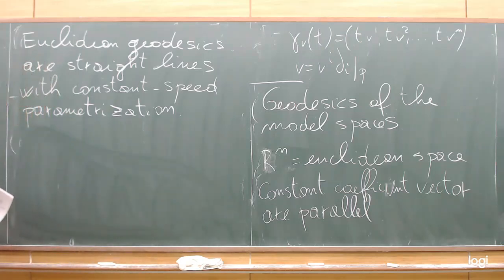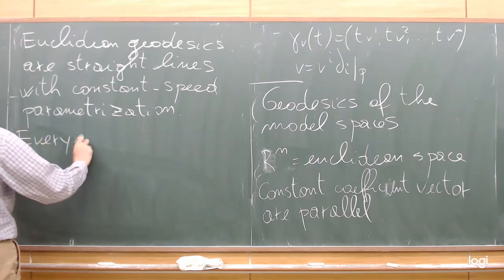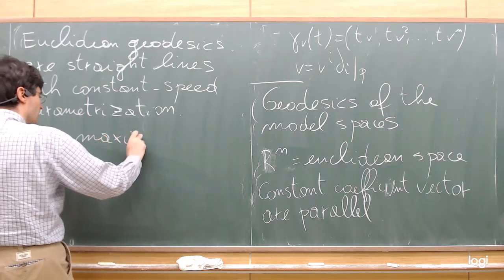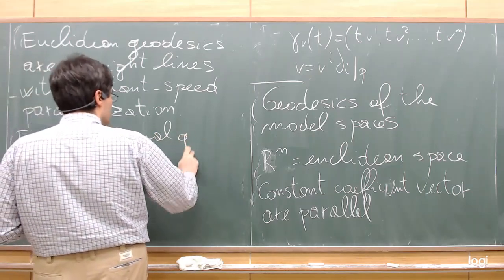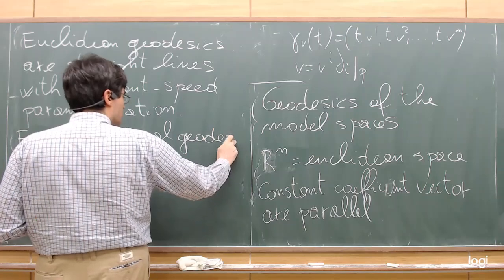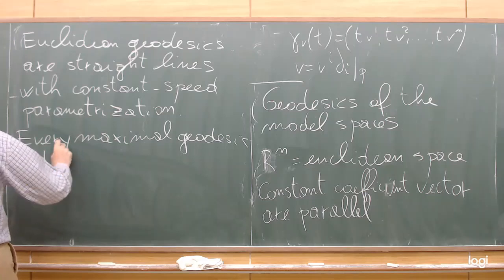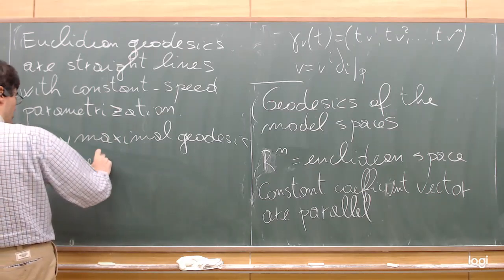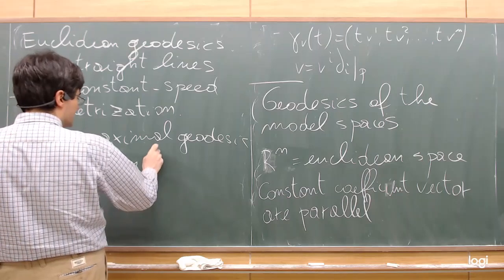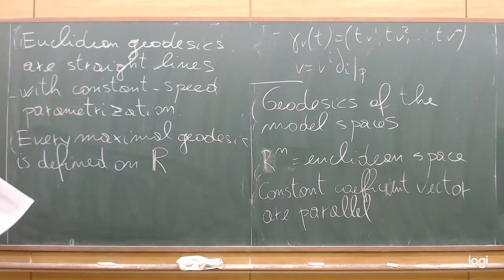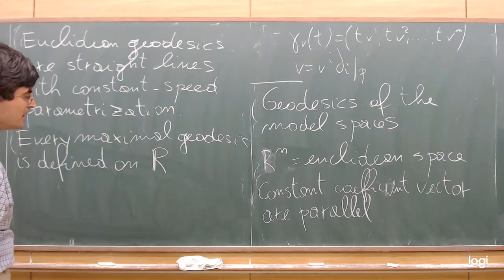It is also clear that every maximal geodesic is defined on the entire real line R, and this statement is in general reformulated as follows.